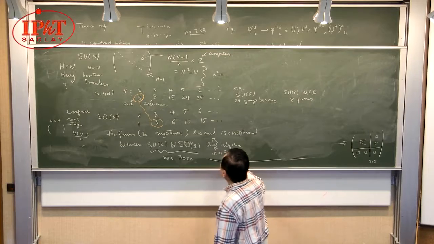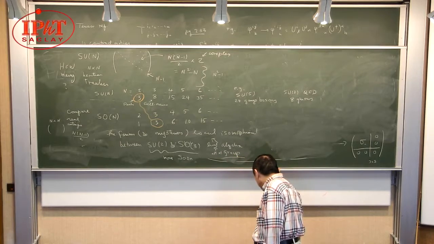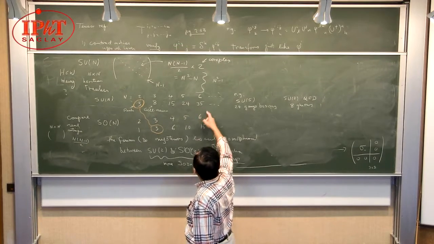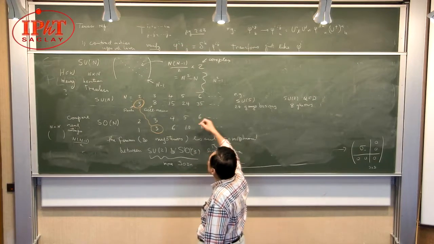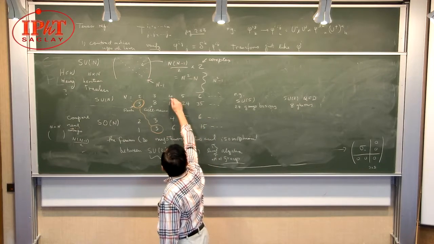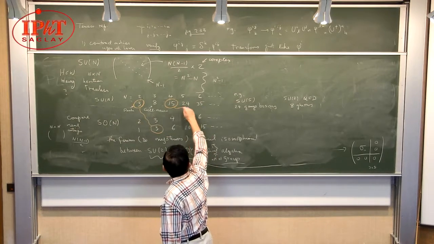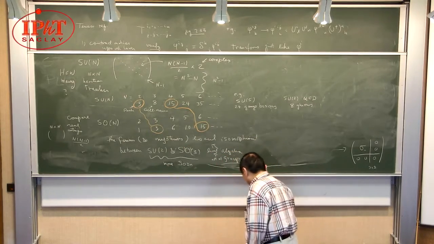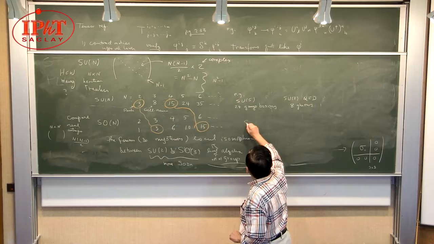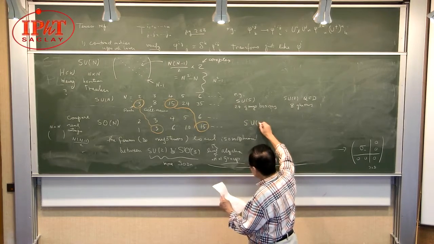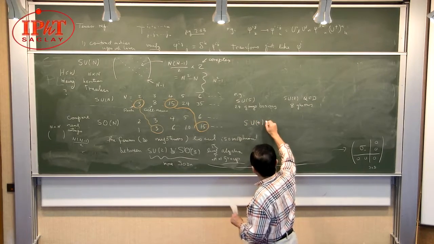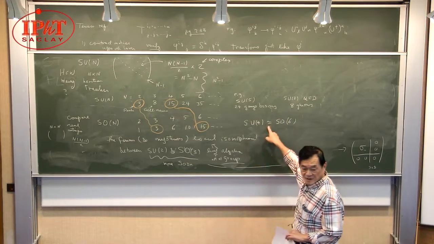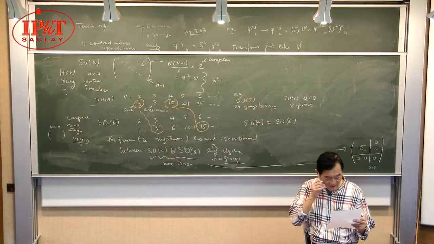But now you notice another remarkable coincidence. In general, these numbers are not the same. But then you see this, as the student pointed out, this 15 appears. So the question is whether SU(4) is locally isomorphic to SO(6). So locally, we use this symbol for locally isomorphic.